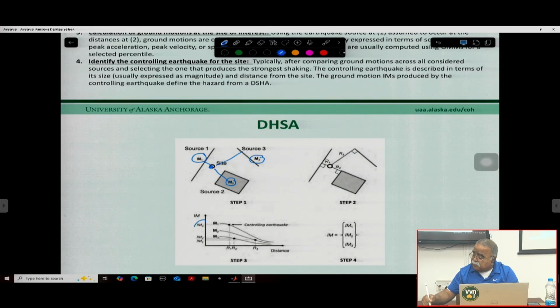These are the different IM values for different magnitudes. We calculate how they change with distance. It is as simple as that.